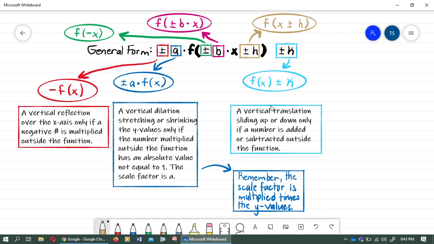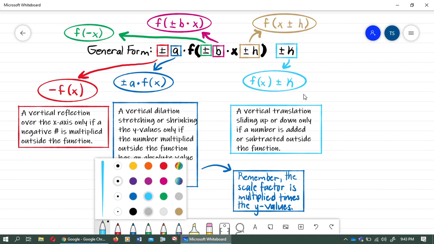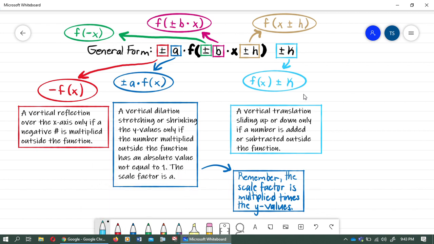And for vertical translation, remember there's only a vertical translation, which is a sliding up or down, if there's a number being added or subtracted on the outside of the function. And for all of your vertical transformations, it's going to sort of be the way that you would expect it to be.